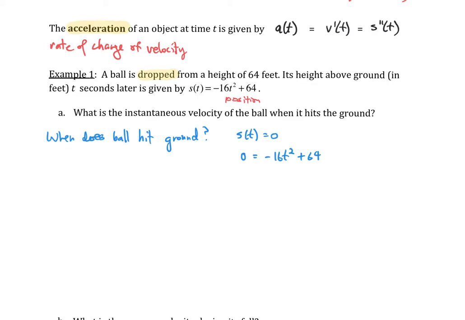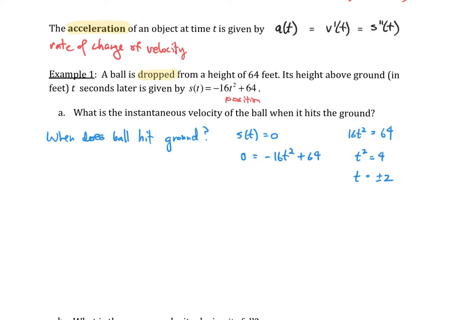We move the 16t squared to the left-hand side, so we get 16t squared is equal to 64. Then we divide both sides by 16, and we get t squared is equal to 4. What this means is that t is equal to plus or minus 2.